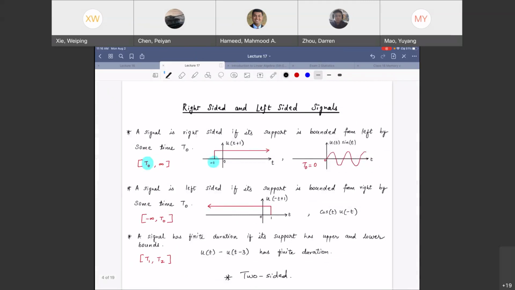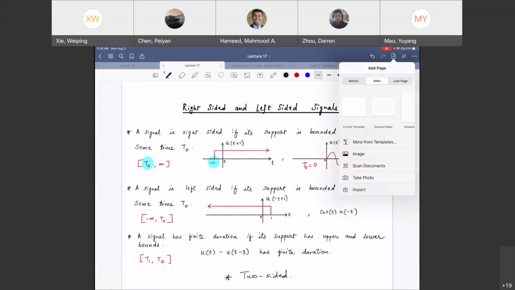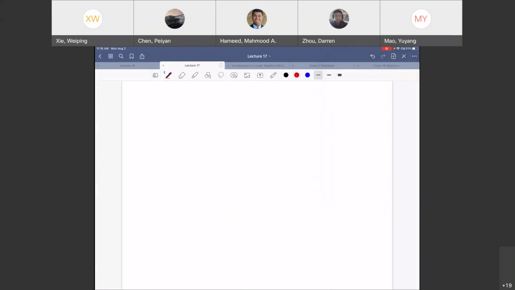So essentially, I've got a right-sided signal here, I've got a left-sided signal here, I've got a two-sided signal here, and I've got a finite duration signal here.